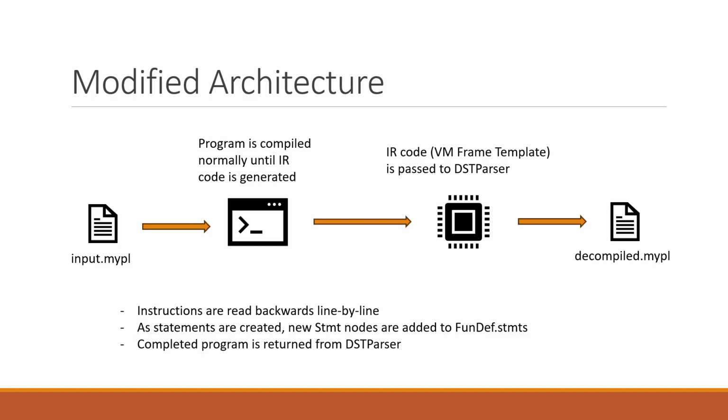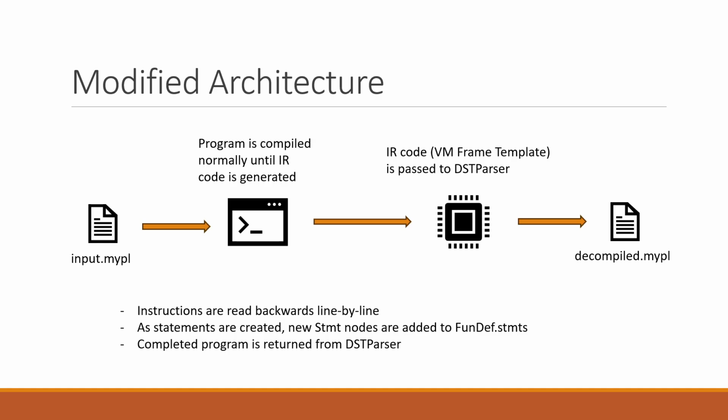Overall, my architecture is virtually the same as the original MyPl architecture. The input file is compiled as normal until the IR is generated by the code generation step. At that point, those frames are passed to my decompilation syntax tree parser, or DST parser, which creates a new program node to be printed into decompile.mypl.